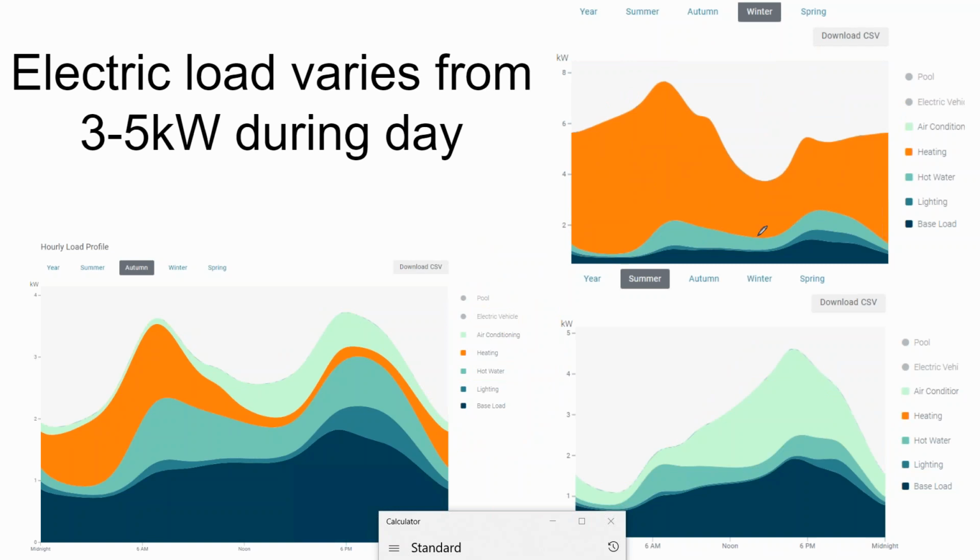These are generalizations. In the springtime, you have a mix: you might have the heat in the morning and air conditioning in the afternoon.